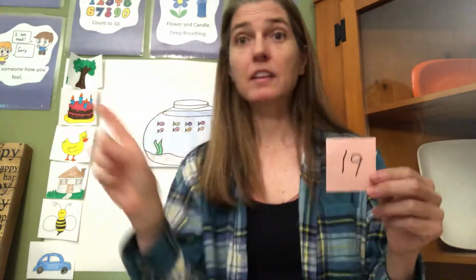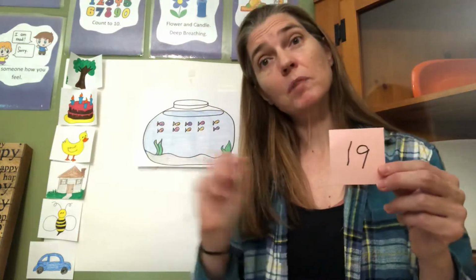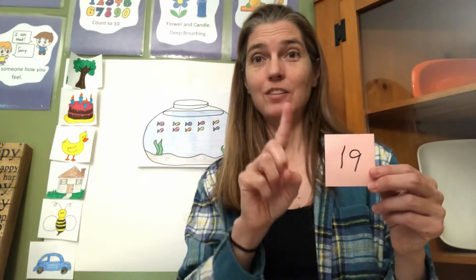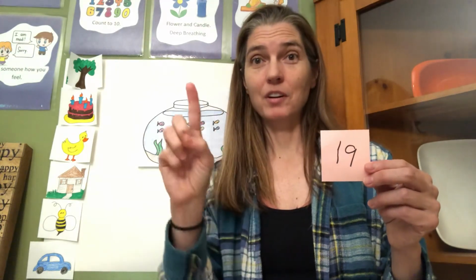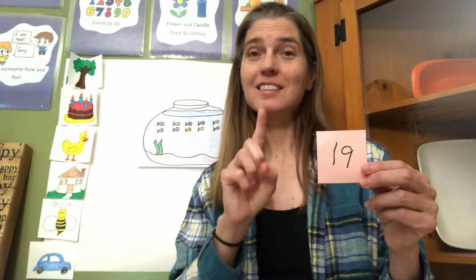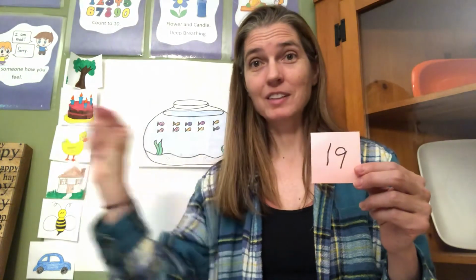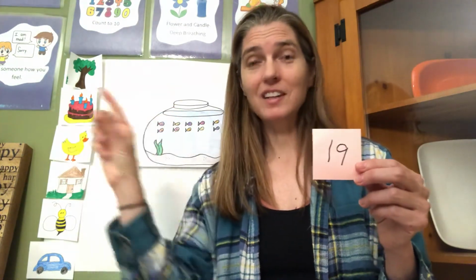So we're going to count the 10 that were there and move them over till we have 19. 1, 2, 3, 4, 5, 6, 7, 8, 9, 10, 11, 12, 13, 14, 15, 16, 17, 18, 19.